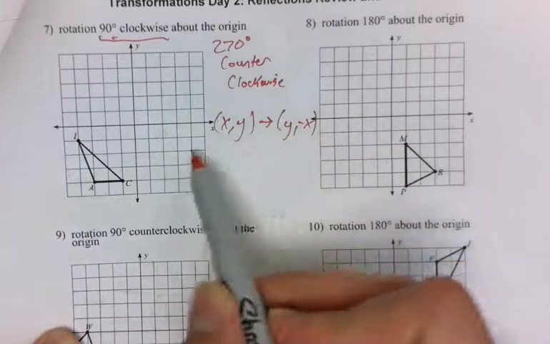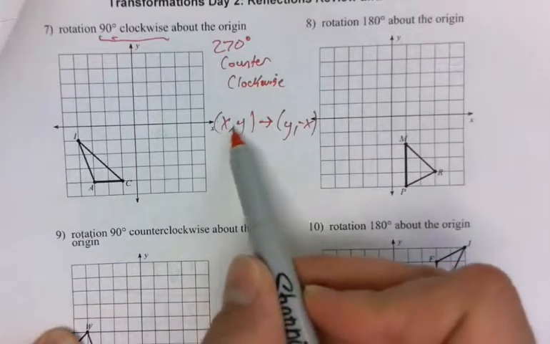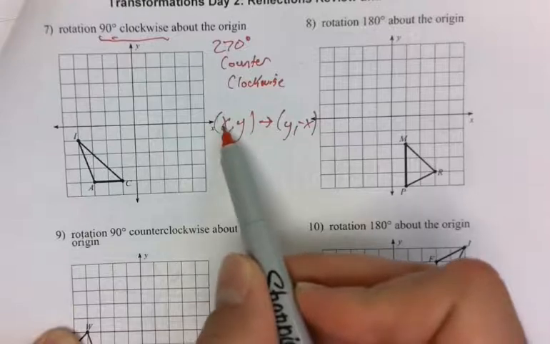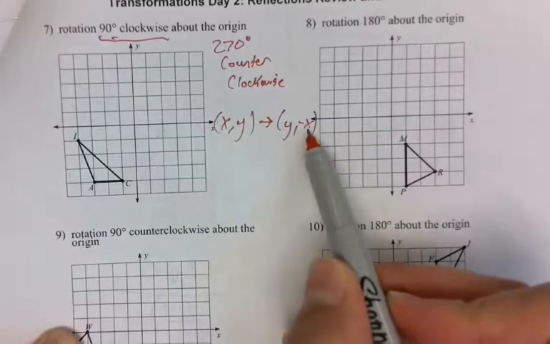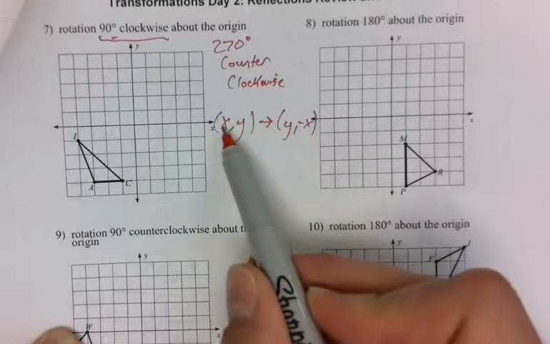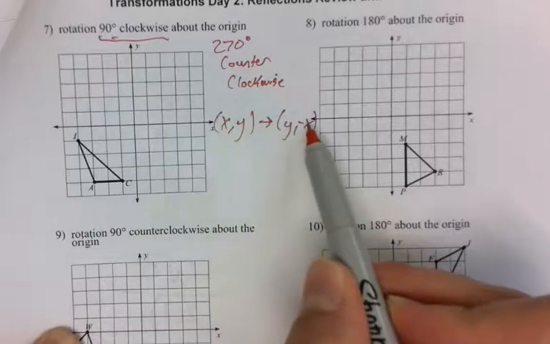So in other words, the points are going to switch positions. Wherever's here is going to go here, and whatever's here is going to go here. But also, once this changes positions, it also changes signs. So the y goes to the x position, doesn't change. But the x goes to the y position and changes sign.